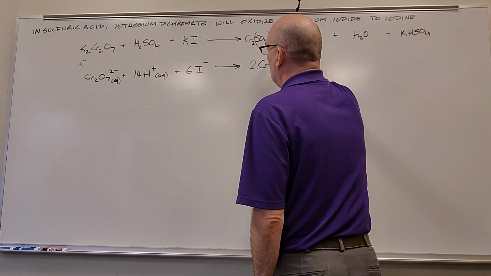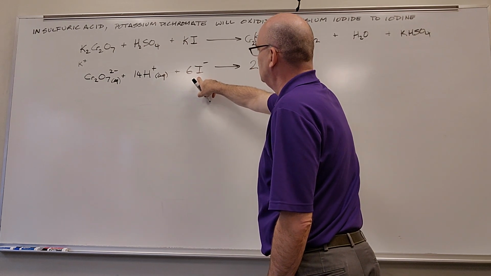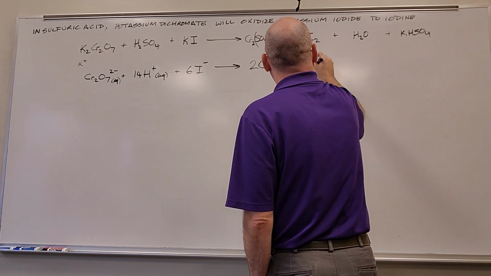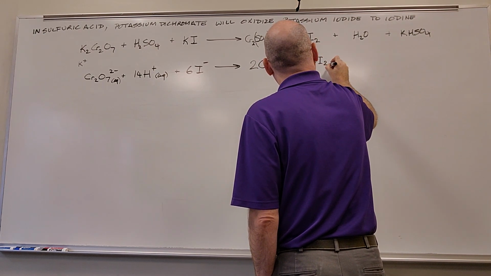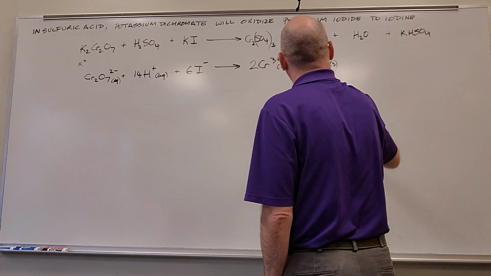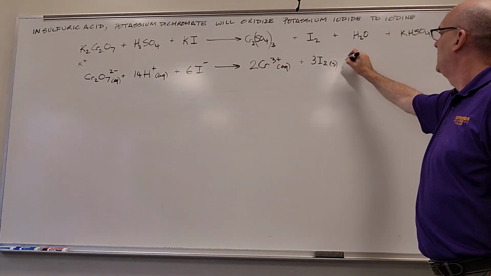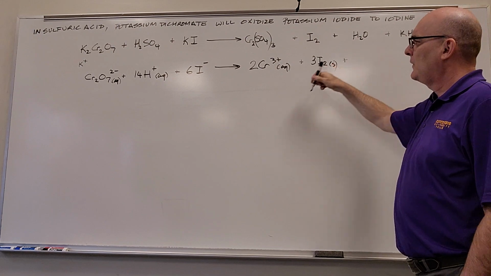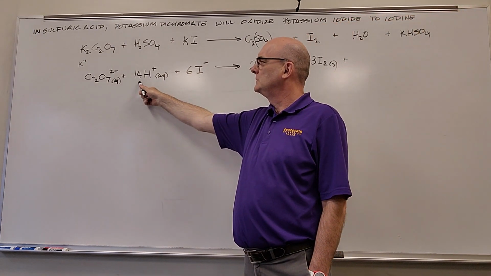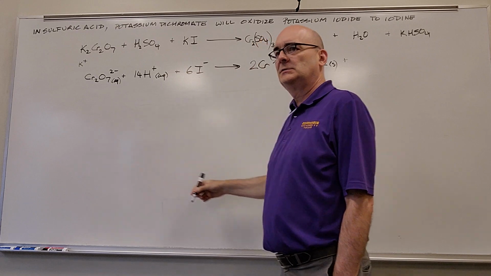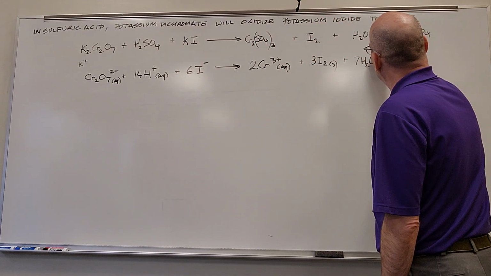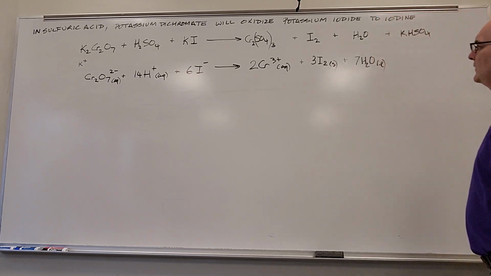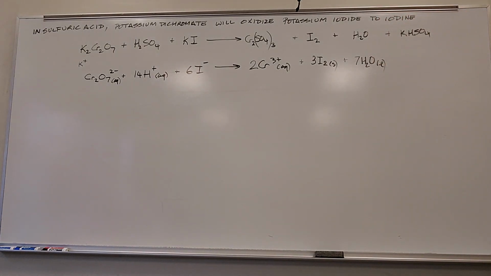And then when I figure out if I have 6 iodides that have to match the number of electrons, that means I have 3 iodines. Iodines are solid. And if I have 14 protons and 7 oxygens, then I need 7 waters. This is not the most obvious thing in the world to balance, but it can be done.